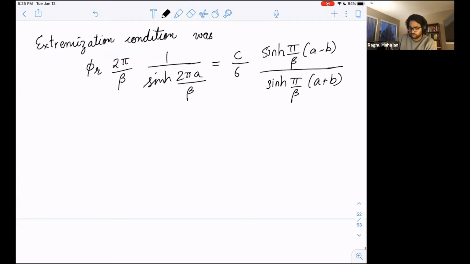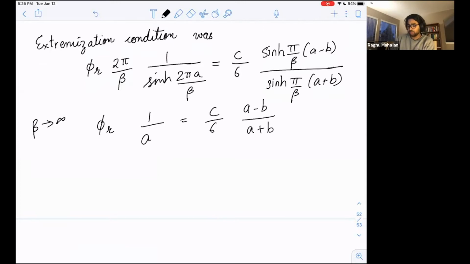Just to make life simple, I will look at the zero temperature limit as beta goes to infinity: phi_r 1 over a equals c over 6 (a minus b) over (a plus b).